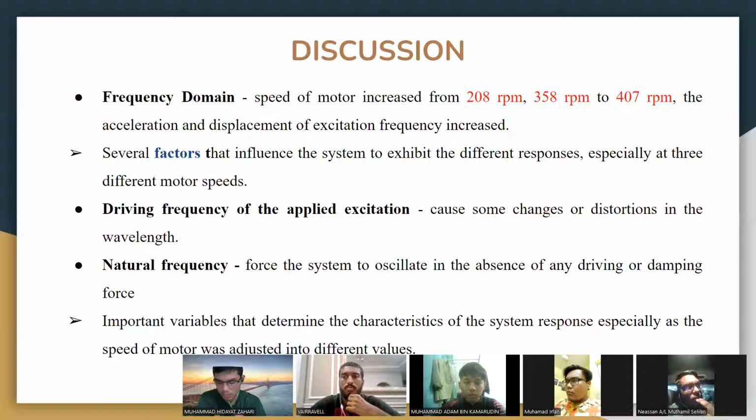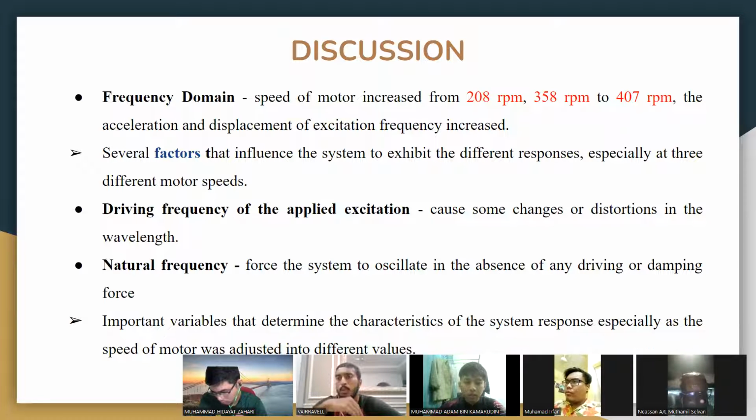For the frequency domain, we can also see that as the speed of the motor increases from 208 RPM, 350 RPM, and up to 407 RPM, the acceleration and the displacement of the excitation frequency will also increase. There are several factors that influence the system to exhibit different responses, especially for three different motor speeds. The first factor is the driving frequency of the applied excitation, which causes some change or distortion in the wavelength.